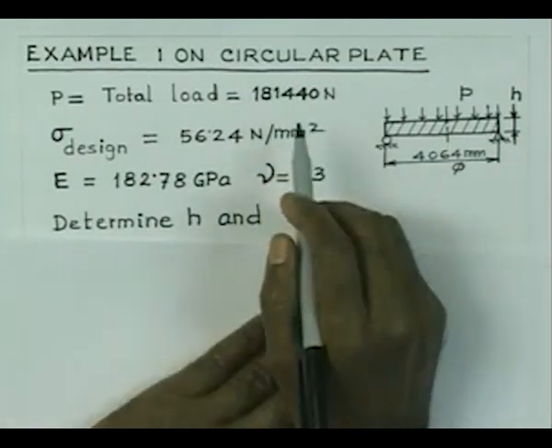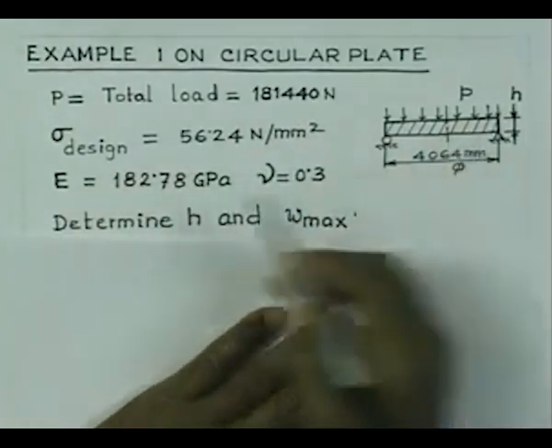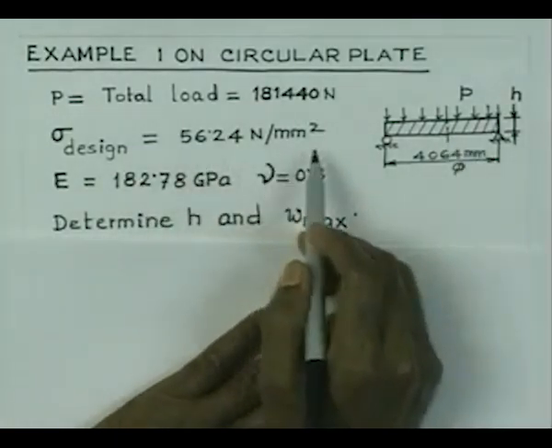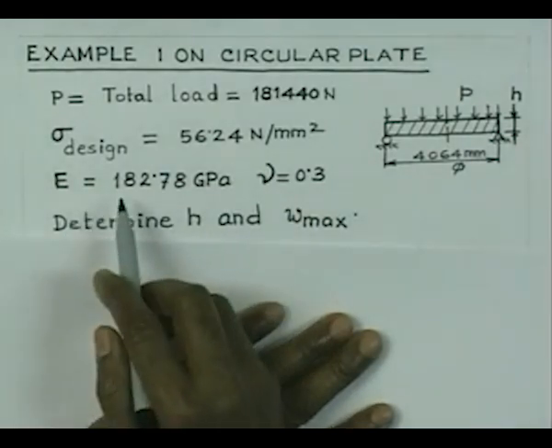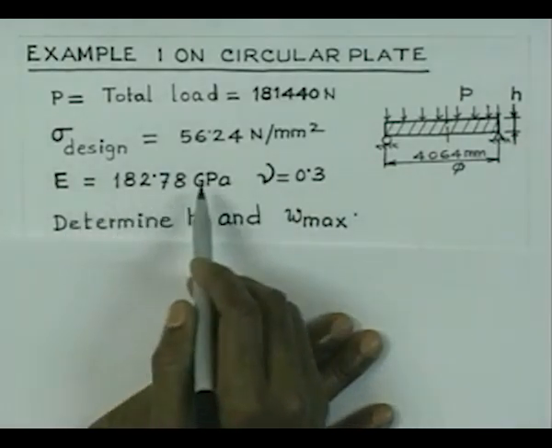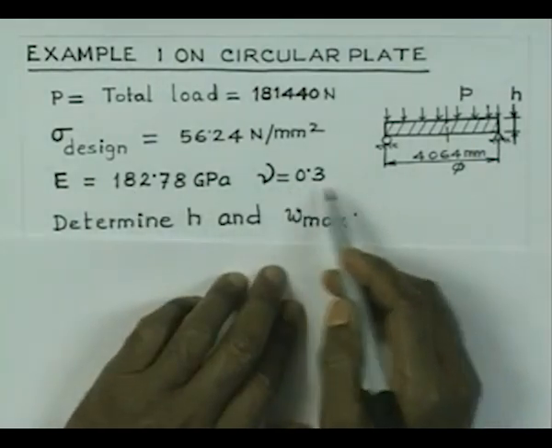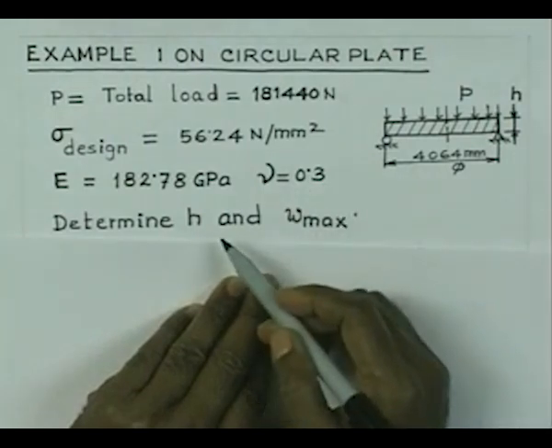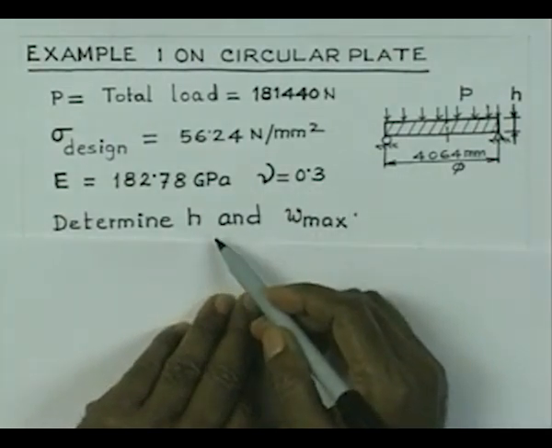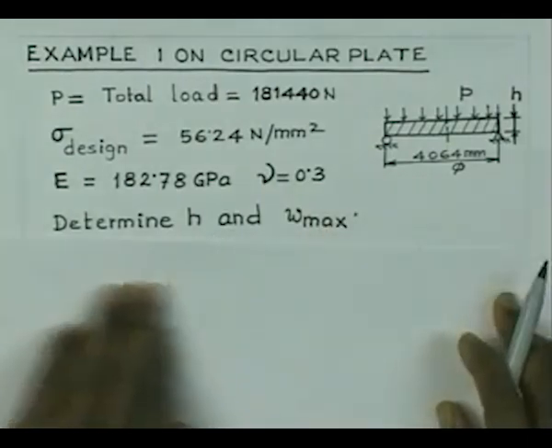It is specified that the design stress for the plate is 56.24 Newton per millimeter square, and E for the material is 182.78 GPa, it is steel, and Poisson's ratio is 0.3. What is needed is to calculate the height h or thickness h and the maximum deflection of the plate. So, that is the problem.